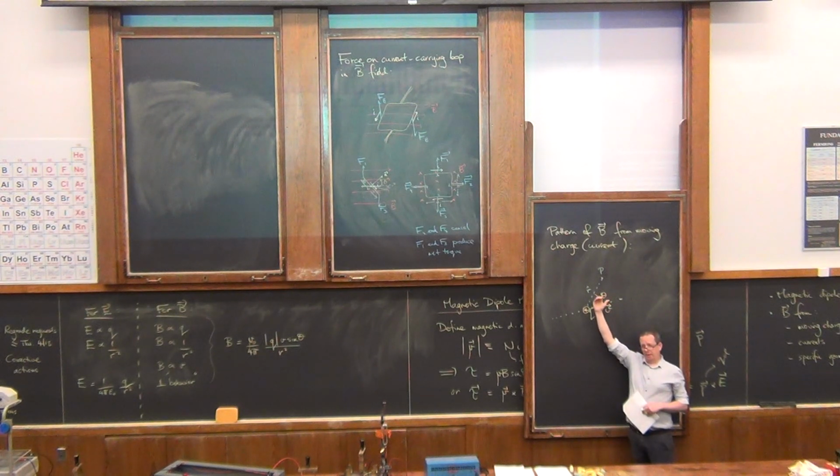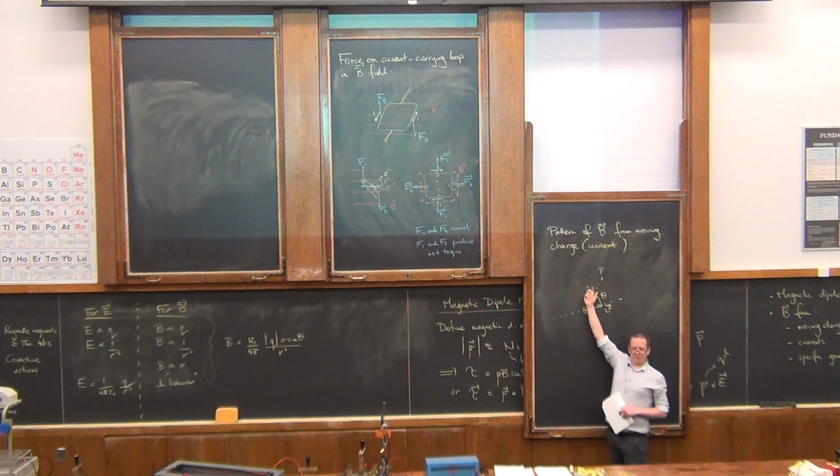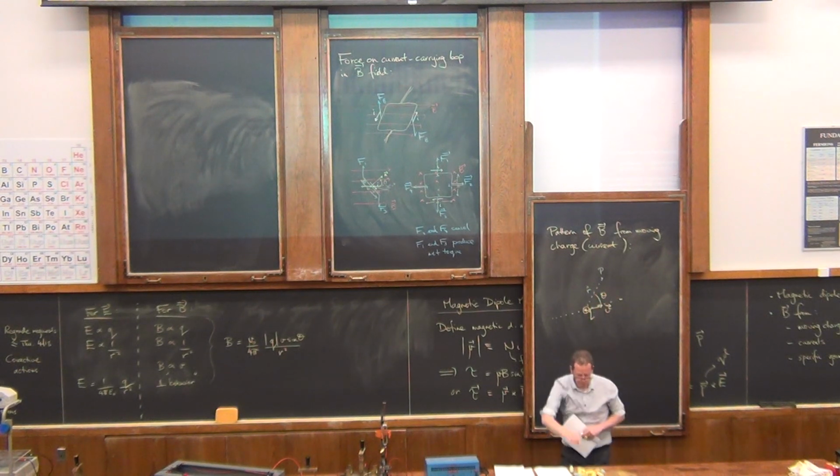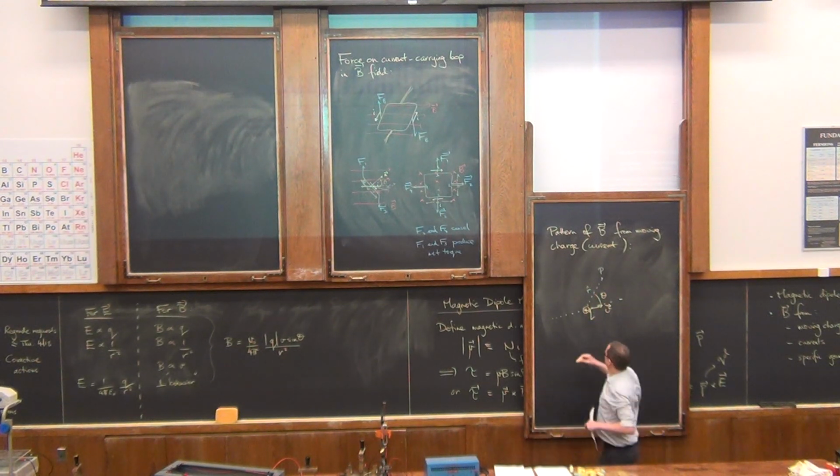So the right-hand fingers here illustrate the direction of the magnetic field at any point relative to the direction of the positive charge. Okay? What does this mean? Not the easiest thing to do here, but imagine I've got really big fingers and they wrap all the way around here. So up top, the magnetic field, as given by the fingers of my right-hand rule, is coming towards us.